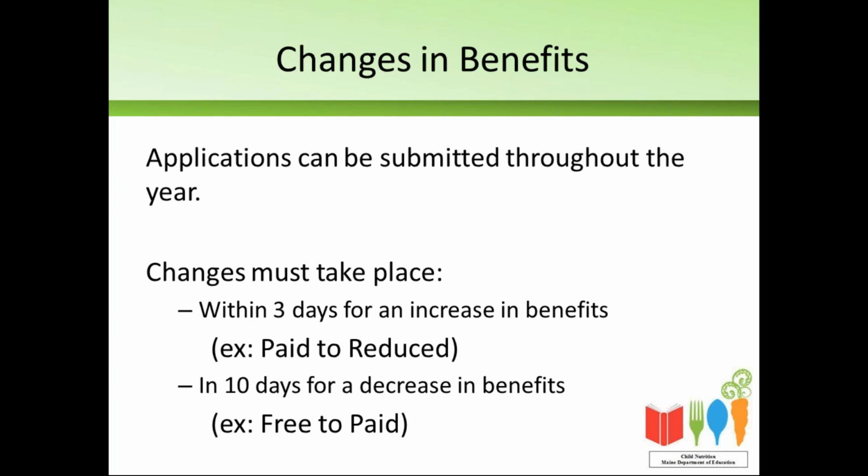Next year, they would fill out a different application. If the family insists that you take the application, you have to process it and make the determination based on the new application. If you tell them they don't have to do this and they turn around and walk away, you're all set. The child will retain that benefit for the rest of the school year.